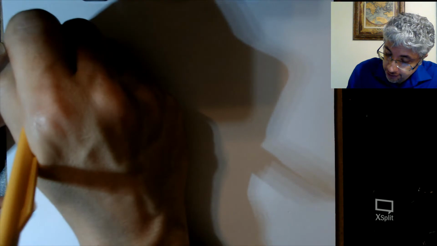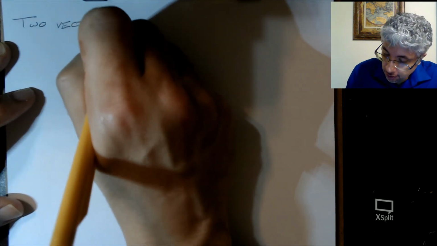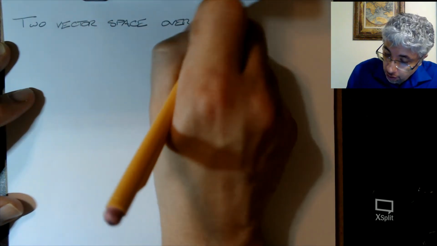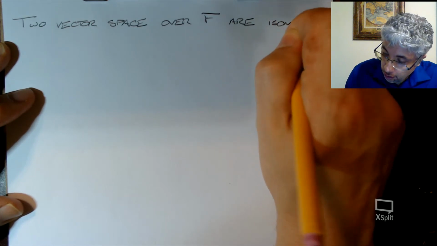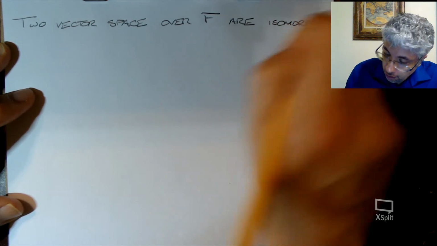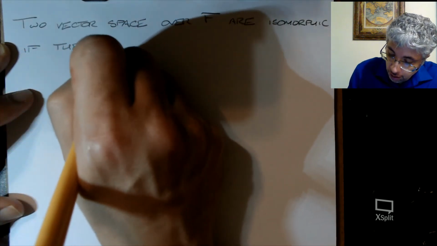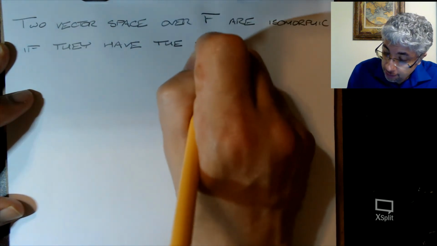When are two vector spaces isomorphic? So let's say we have two vector spaces over the same field, two vector spaces over F. These are going to be isomorphic if they have the same dimension.